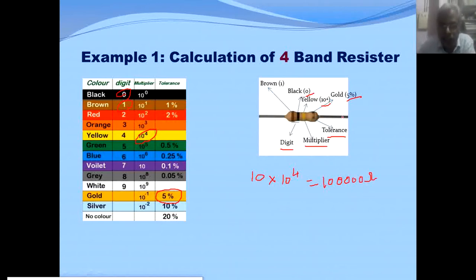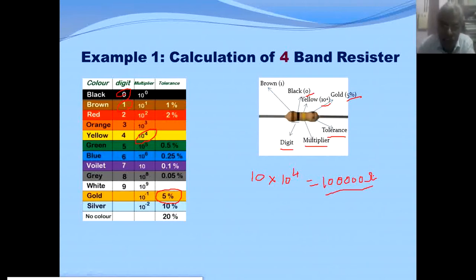And the last color code is used for tolerance. This shows the perfectness of our resistor. How is it perfect? Since in manufacturing there is some error, due to that error the exact resistance value may either increase or decrease.